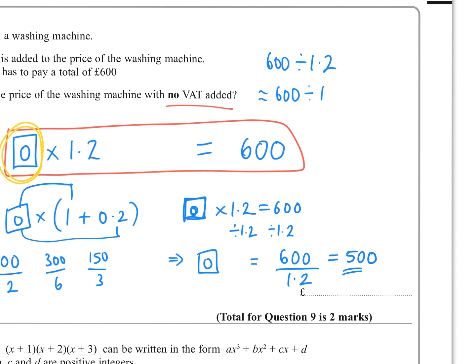Now that's one way of looking at it. An alternative is, if you don't like that, you can do 600 divided by 1.2. You can times top and bottom by 10, because that's the same as timesing everything by 1. And you'd have 6,000 divided by 12. Then you can halve top and bottom and do it again.